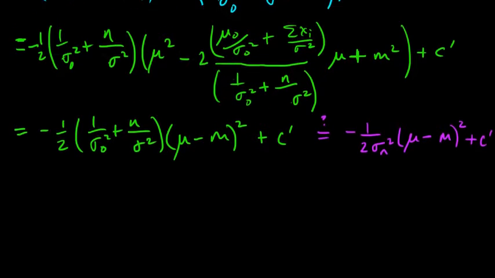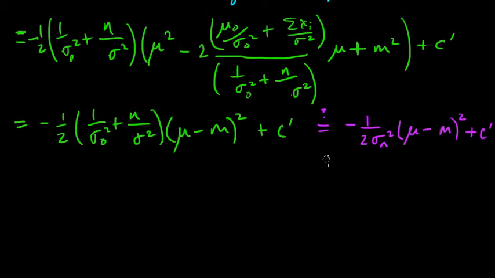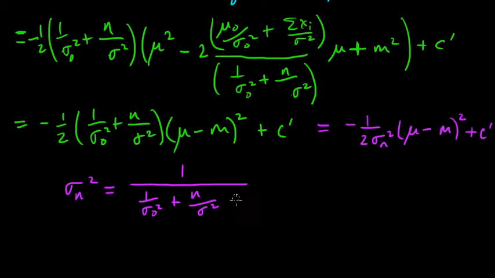So we can achieve this goal if we take sigma n squared equal to 1 over sigma naught squared plus n over sigma squared. This is going to be the variance of our distribution.